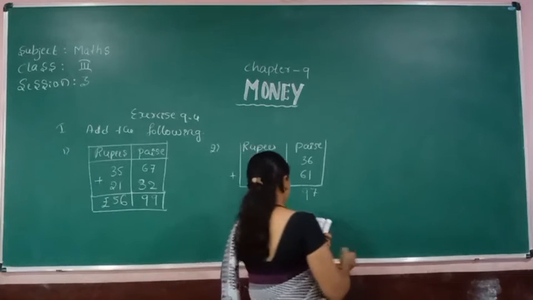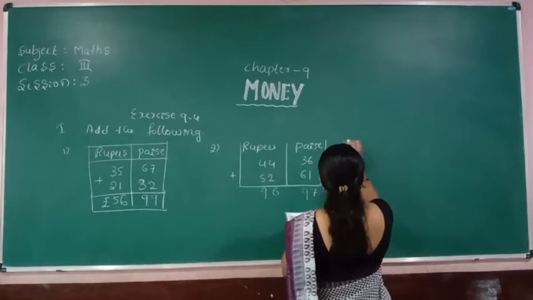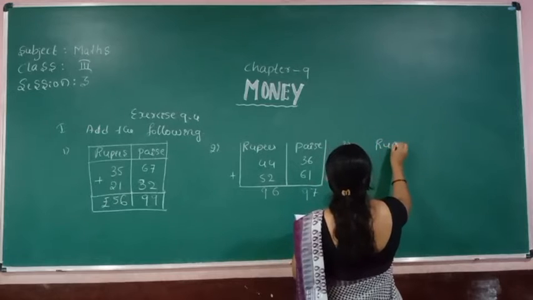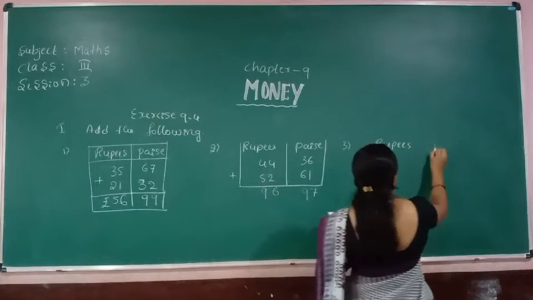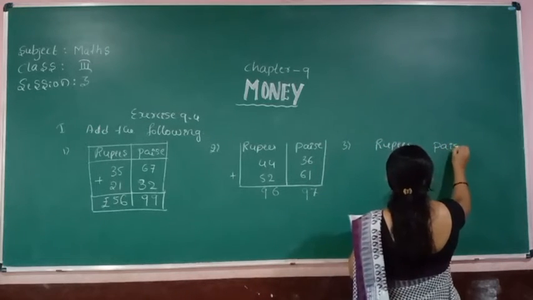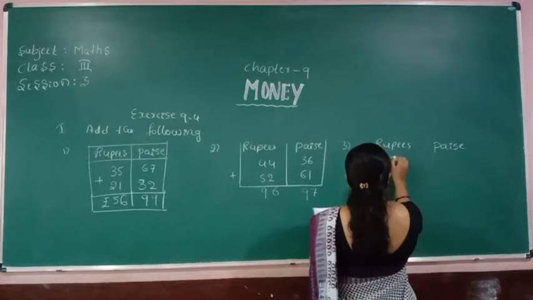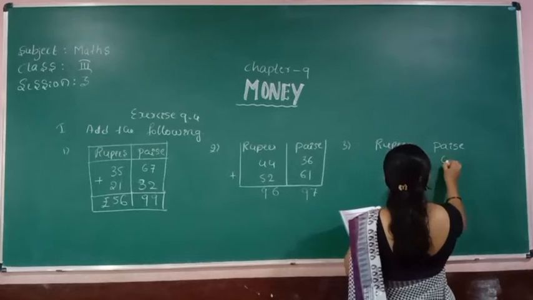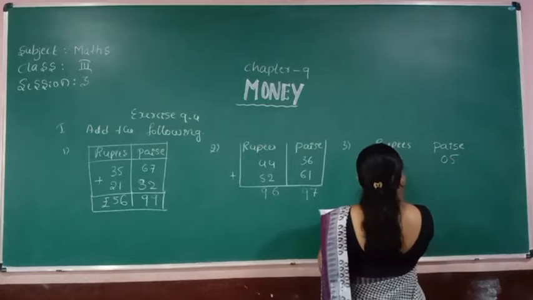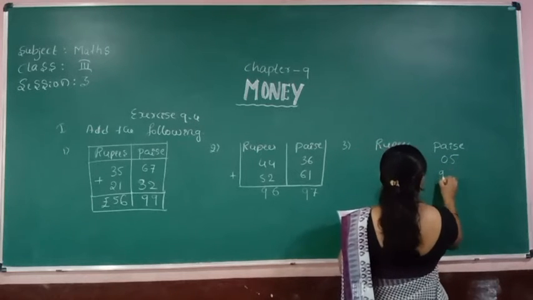Yes. Next one, that is the third one, rupees and paise. In the rupees column, 88 rupees 5 paise, 11 rupees 90 paise.